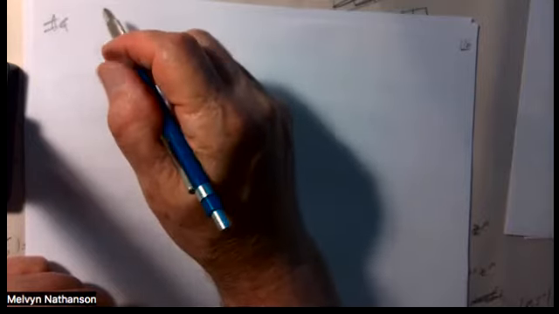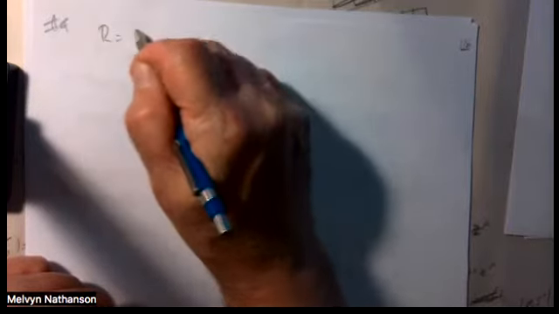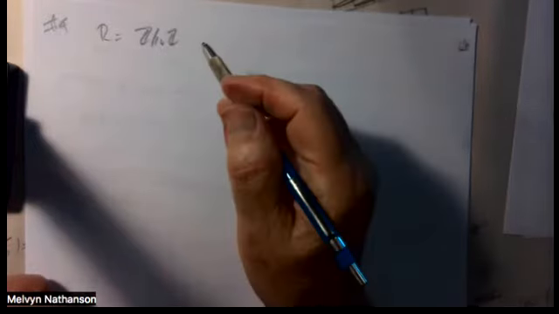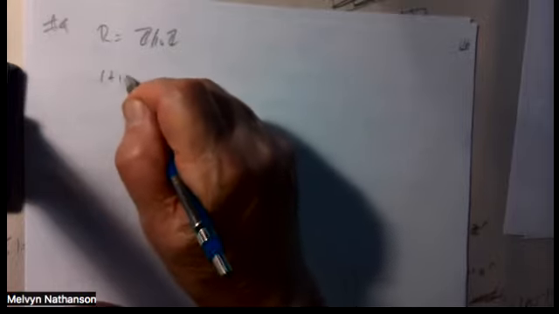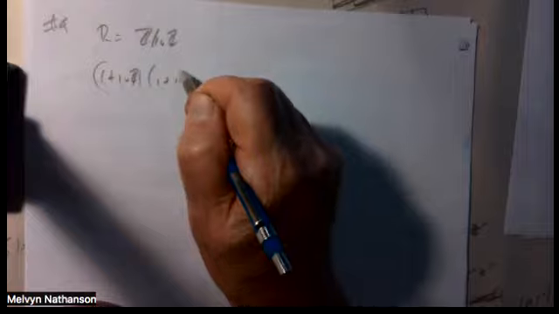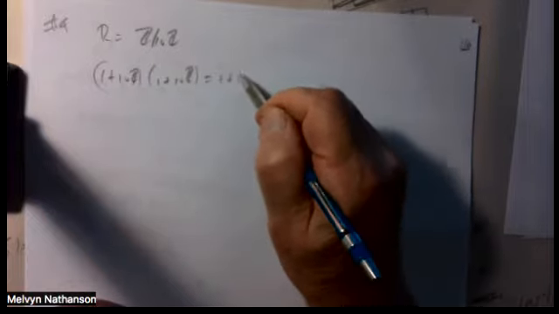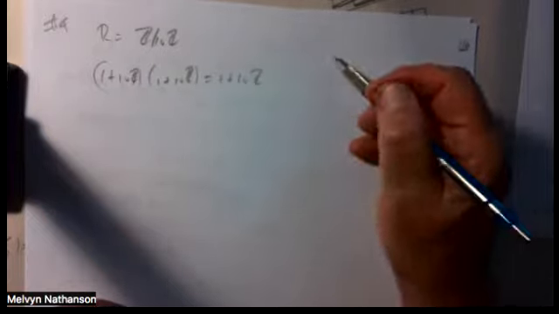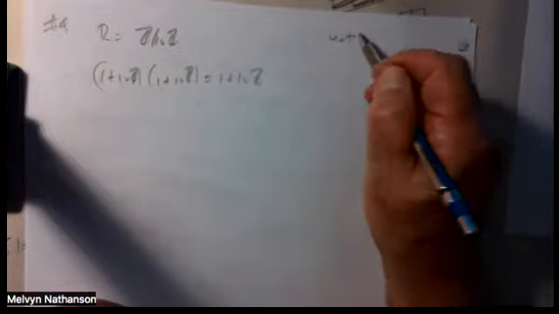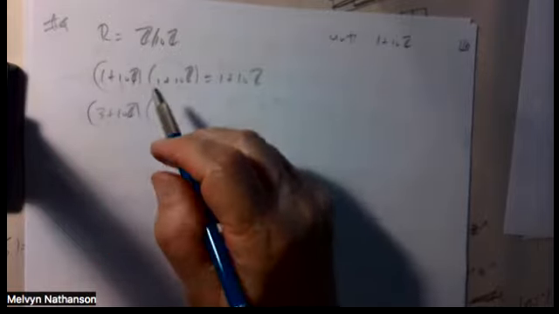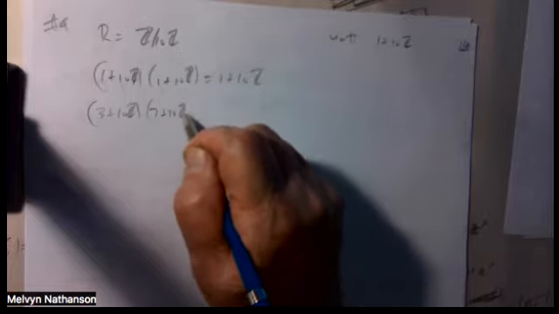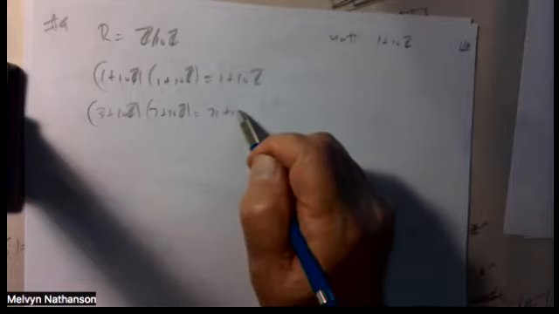So suppose we take the ring Z mod 10Z. So what are the units? 1 plus 10Z times 1 plus 10Z is 1 plus 10Z, right? This is the identity. So one of them is 1 plus 10Z. 3 plus 10Z times 7 plus 10Z is 21 plus 10Z.